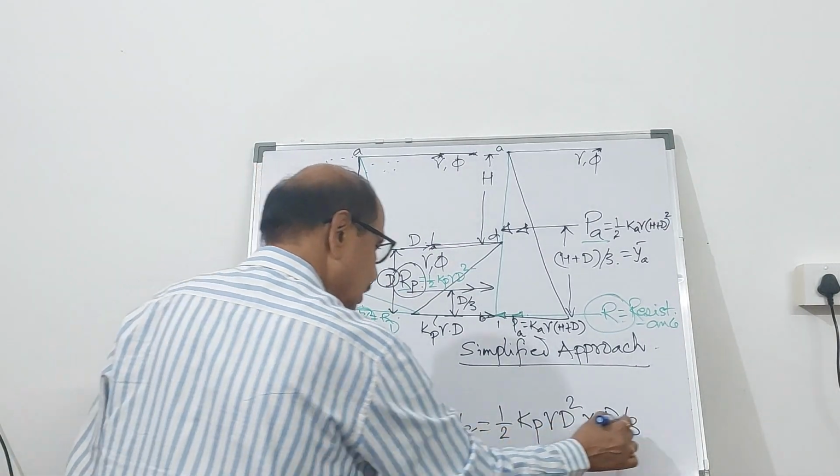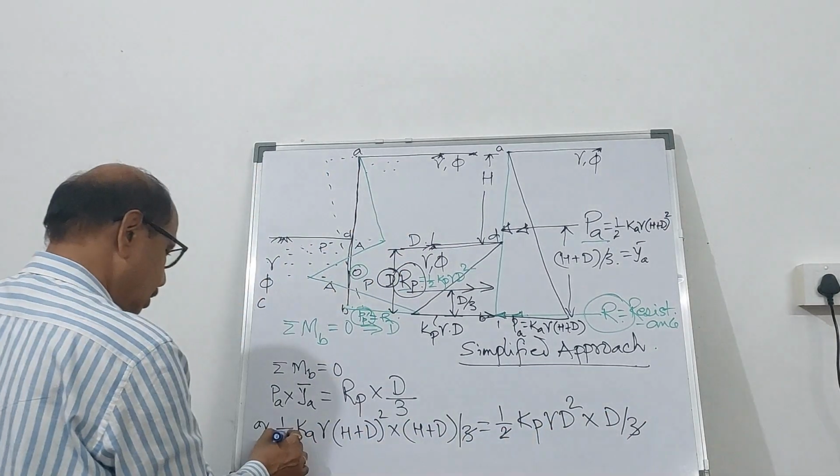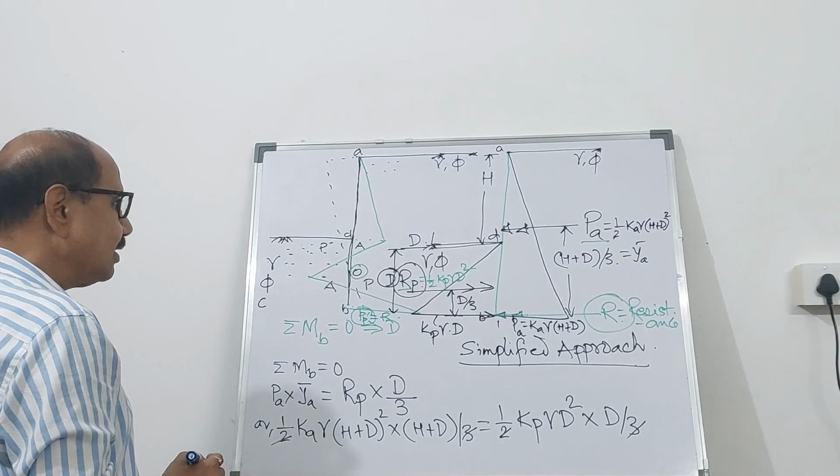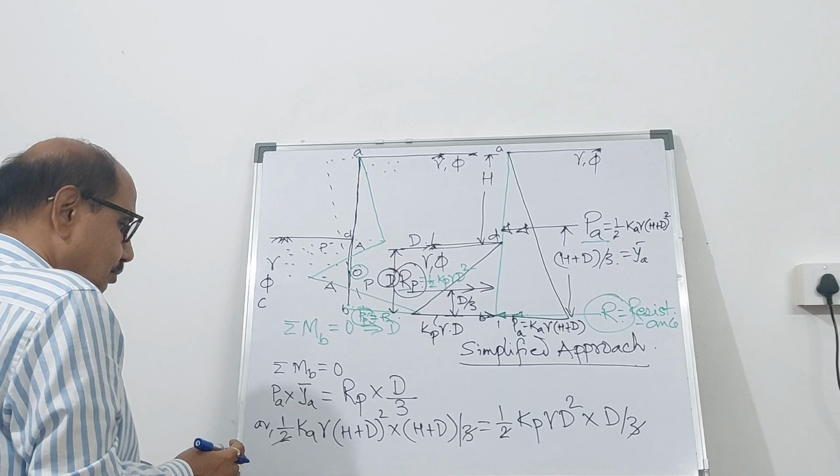So the 3, 3, 2 and 2 go out. So you can simplify it and get one equation.